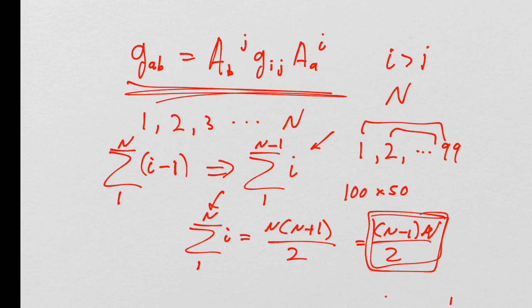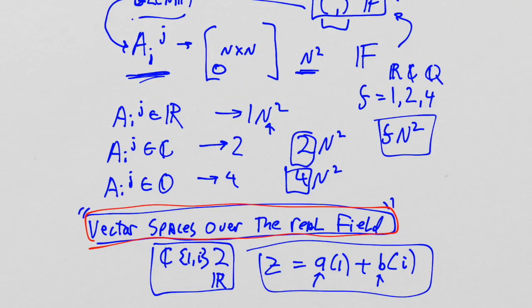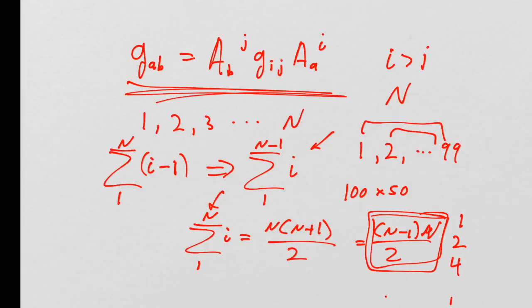The only difference is that each constraint is multiplied by 1 for the real case, by 2 for the complex case, and by 4 for the quaternionic case, because each of those inherently has 1, 2, and 4 degrees of freedom when considered as a real vector space or a vector space over the real field.